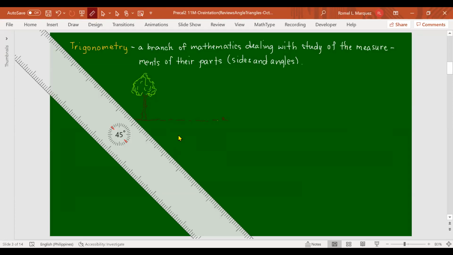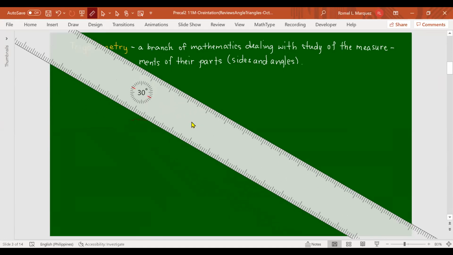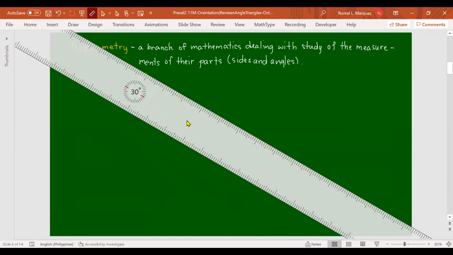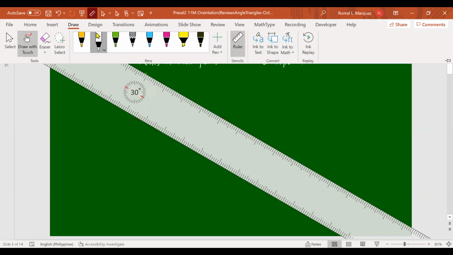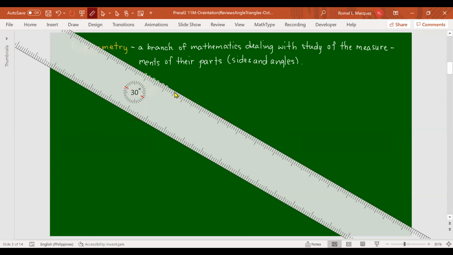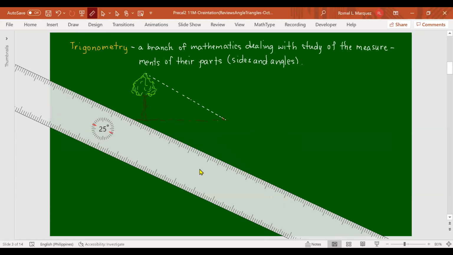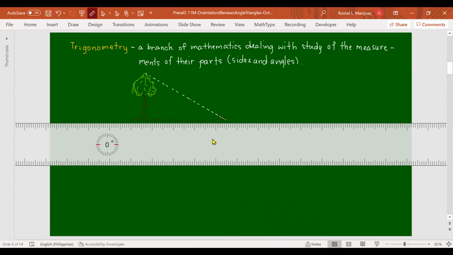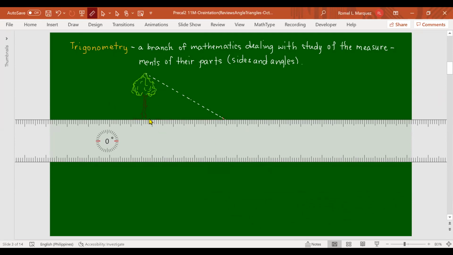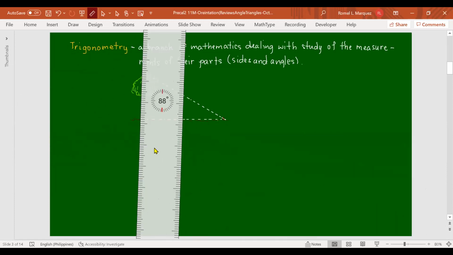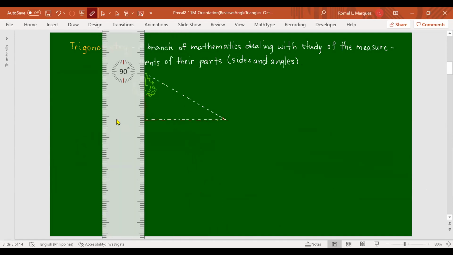So let's say I have an imaginary line from the top going to this point on the ground, forming a right triangle, assuming level ground.